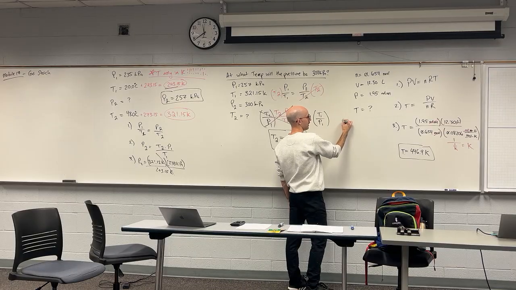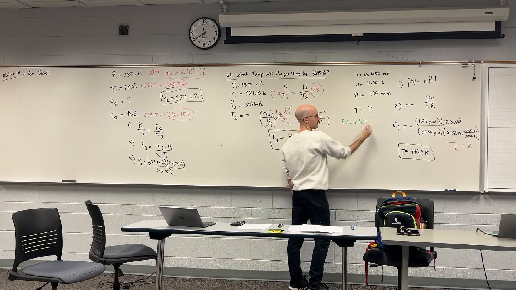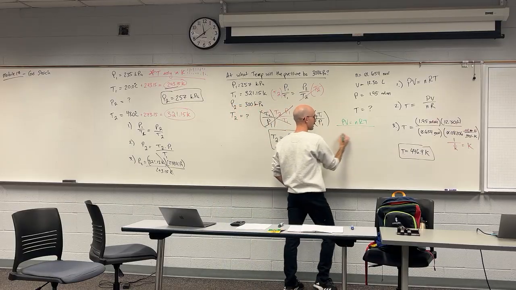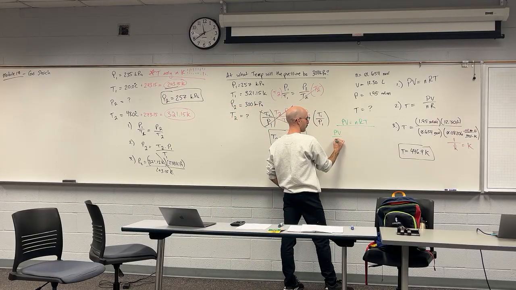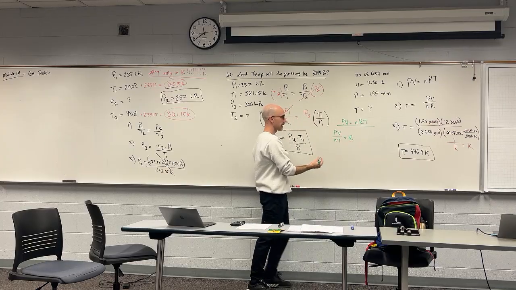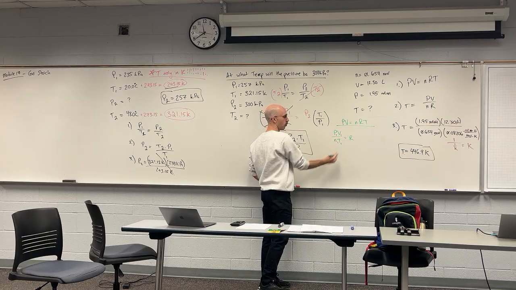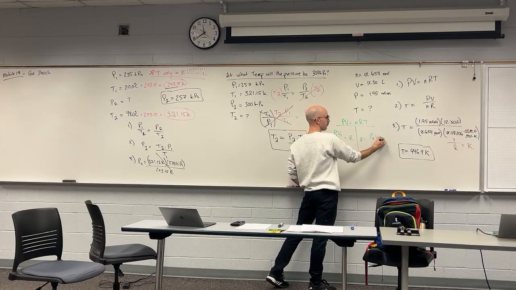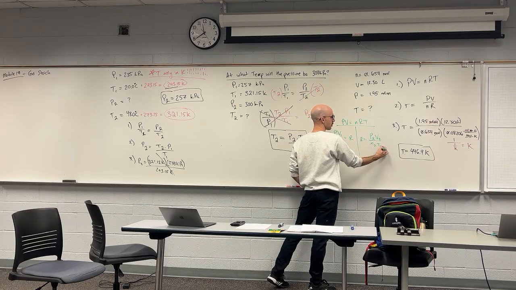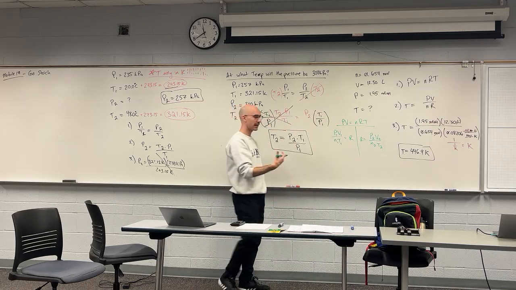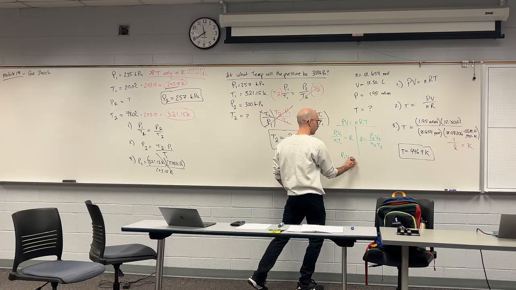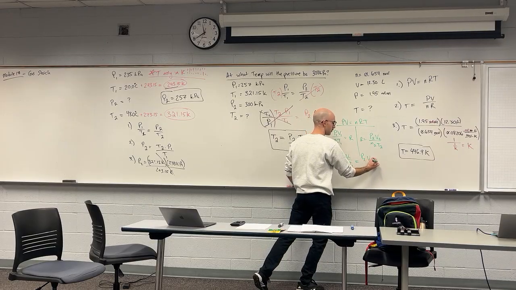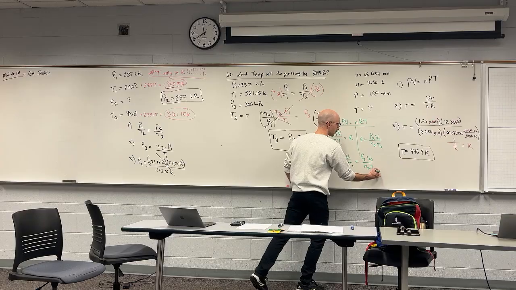If we said PV = nRT describes a gas at any one instance, that means we can do a very similar setup to what we had before. P1 V1 over n1 T1 is equal to R, and R can be equal to P2 V2 over n2 T2, which means that we can set these equations and say P1 V1 over n1 T1 is equal to P2 V2 over n2 T2.